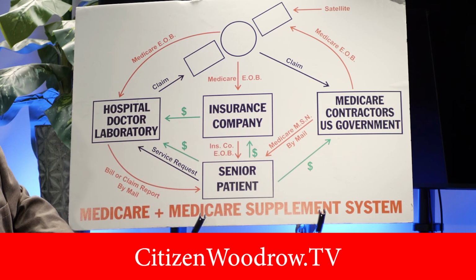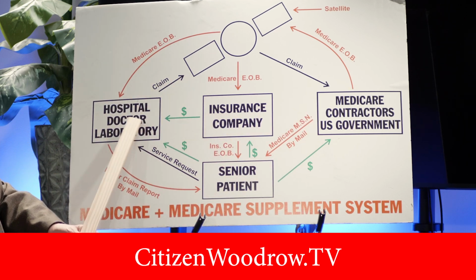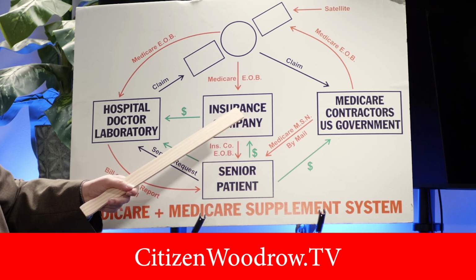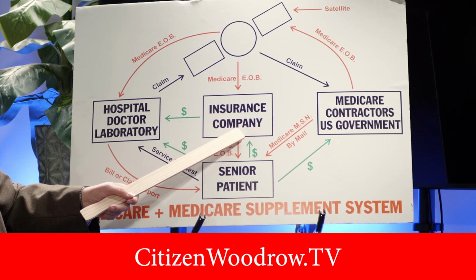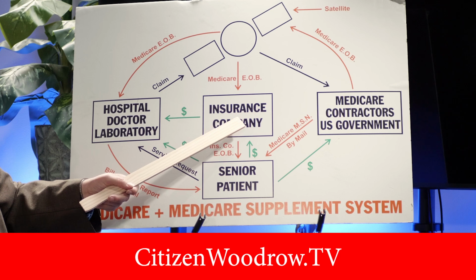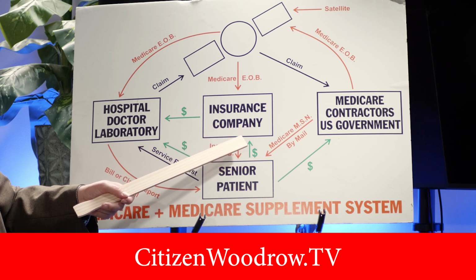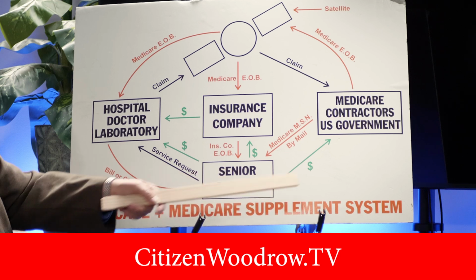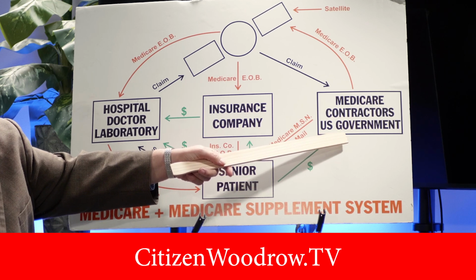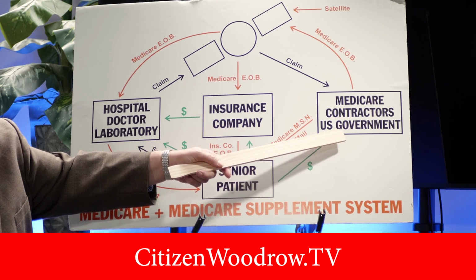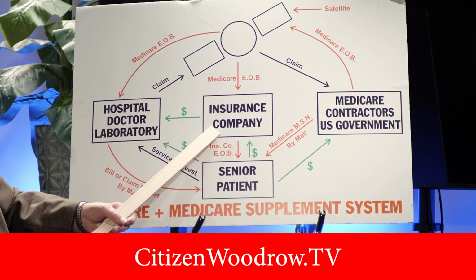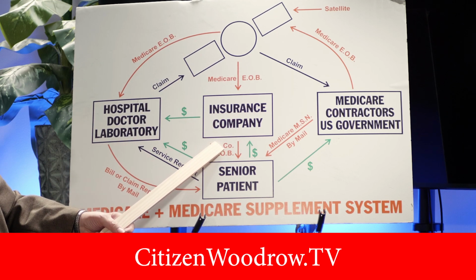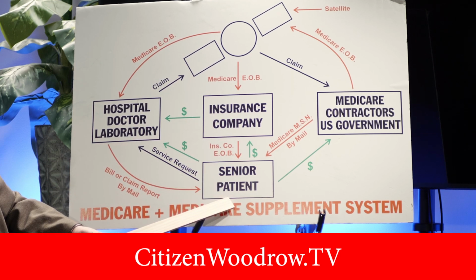There's another term for it too, but I can't remember that right now, directly to the insurance company. Once the insurance company gets those two things, it will go ahead and pay you the claim because it's a contract for a Medicare supplement. And whatever Medicare says is covered, but doesn't want to pay the last 20%, the Medicare supplement insurance company is supposed to do that. Otherwise, it falls on the patient.